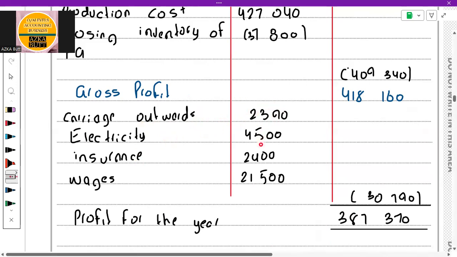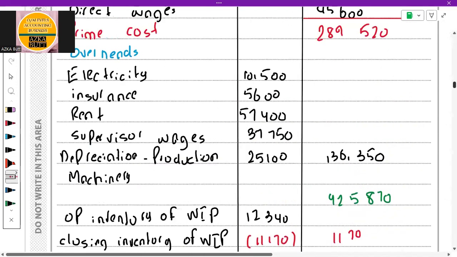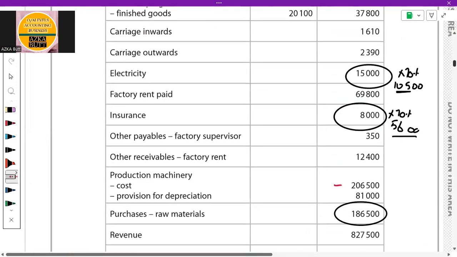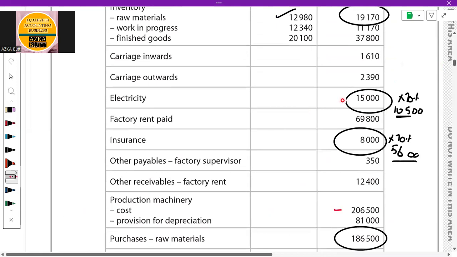Now, as you can see, the electricity total expense was 15,000.